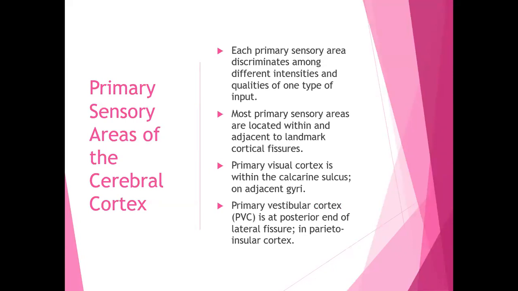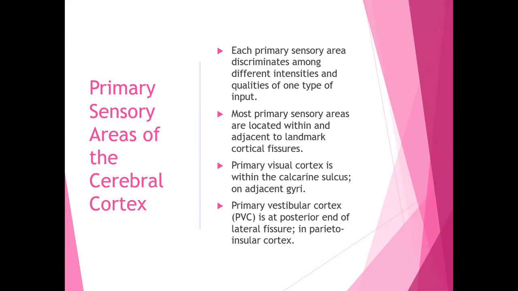I'm not going to expect you to know all the different sulci and everything, and on the adjacent gyri. So that's where the primary visual cortex is in all of us. That's where it always is. It's posterior in the occipital lobe. And so that's why when you have a posterior artery stroke, it affects your vision, because it affects the primary visual cortex.